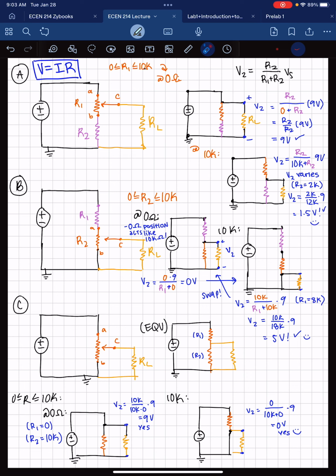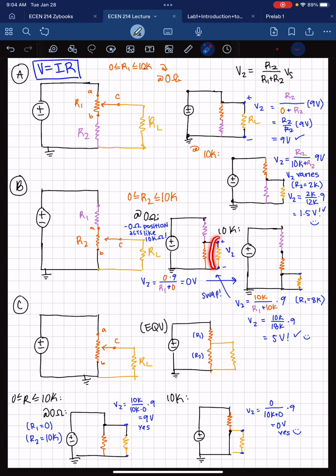And it should, because 10K and 8K are almost even, and 9 minus 5 is 4. So that's about even, so that sounds right. So you'd have 9 volts coming out of here. It would drop 4 volts right there at this 8 kilo ohm resistor, and then it would drop 5 volts right there, because that's a 10K resistor.